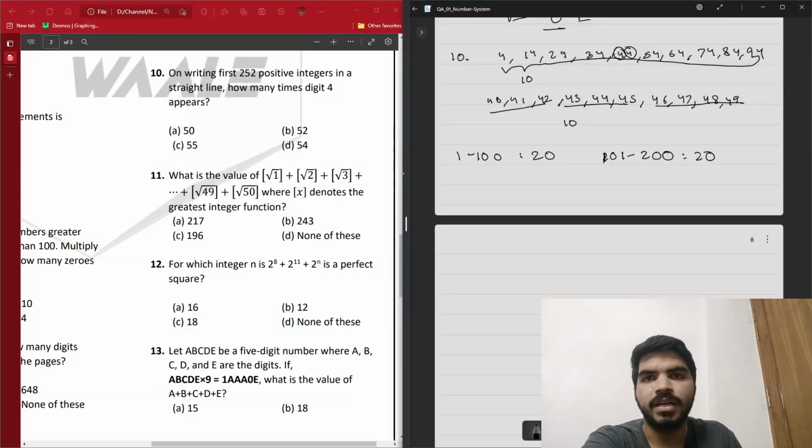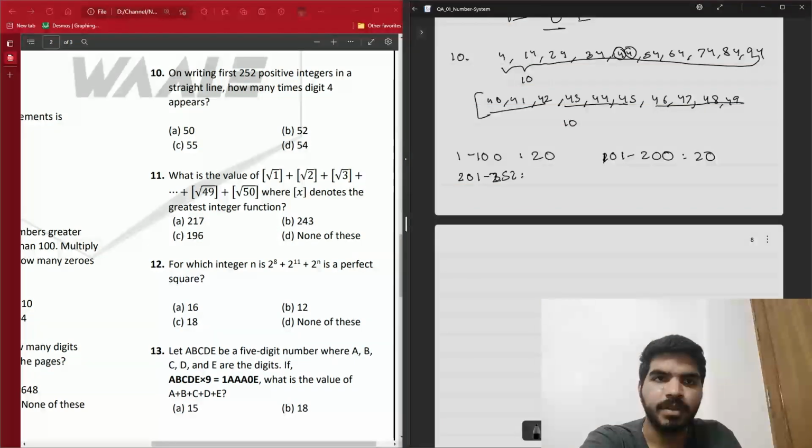But after that, from 250 up till 252, we will have all these. The second part, 240 to 249. So 10 will be there from 201 to 252. We have all these because 252 is greater than the 249 part. 10 plus.